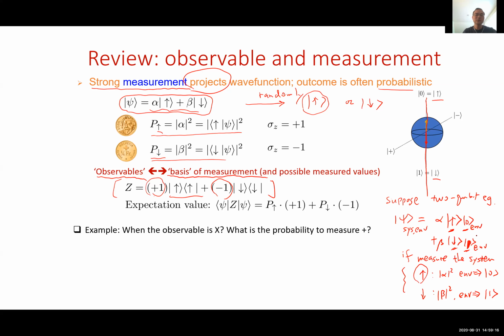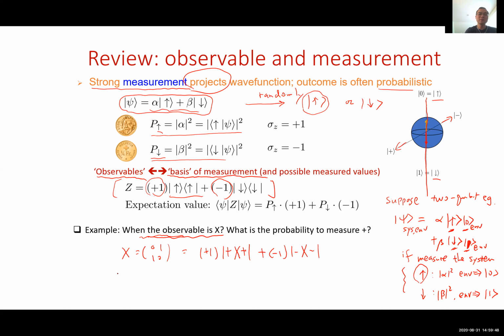Okay. The example is when the observable is X, right? So X is in this matrix, and in the exercise, you're going to diagonalize this, and you will see that this is actually plus, minus. So the axis is actually defined this way, right?